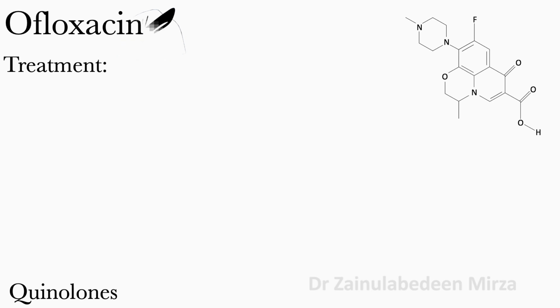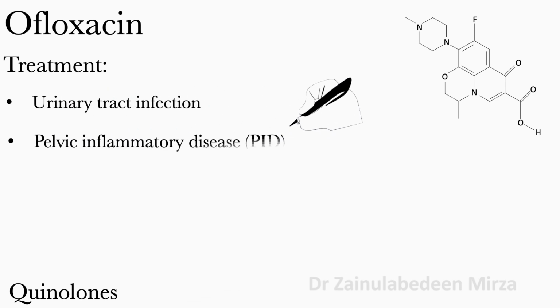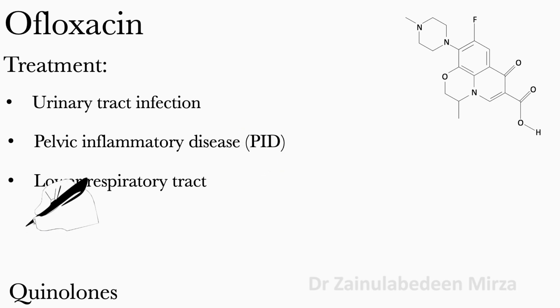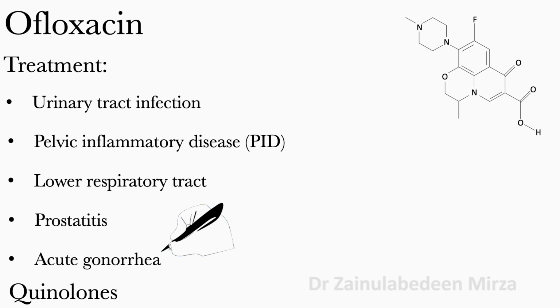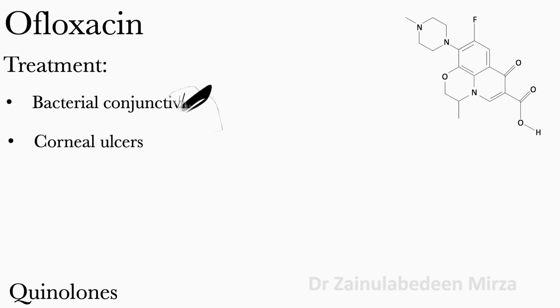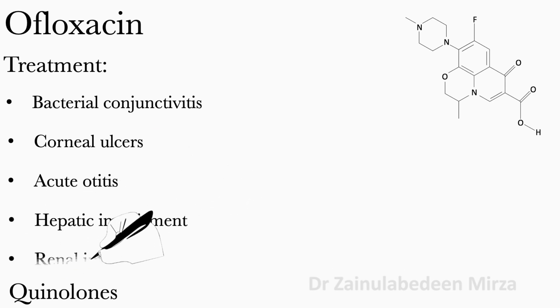Ofloxacin is used to treat urinary tract infections, pelvic inflammatory disease (PID), lower respiratory tract infections, prostatitis, acute gonorrhea, bacterial conjunctivitis, corneal ulcer, acute otitis, hepatic impairment, and renal impairment.